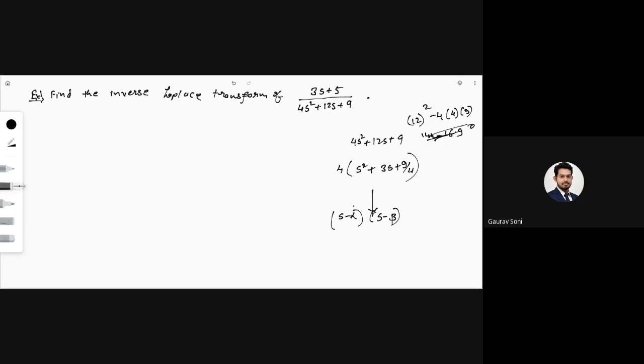So if I find the factors, it creates some problem.